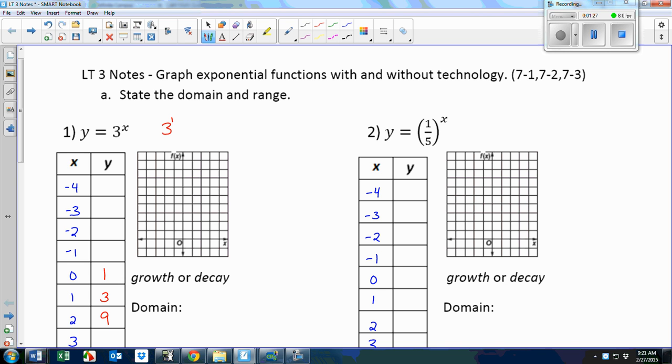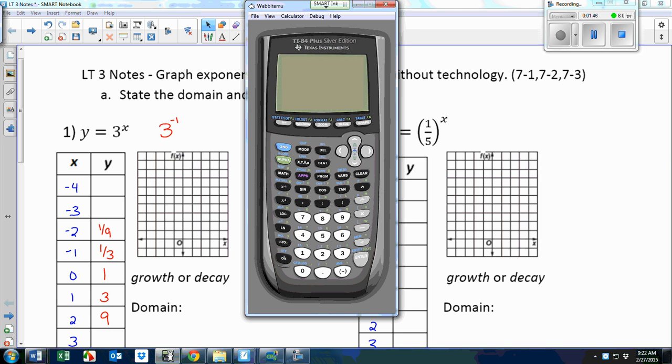Now this is the not tricky one, but slow down and think just a little bit. What's 3 to the -1? 1/3. And honestly, that's what I want to see on your papers. 1/3. -2. 1/9. Yeah, that's what I want to see, but I want to show you that if you take the calculator and graph 3 to the x and go to the table, that's not what you're going to see for -1 and -2 and -3.